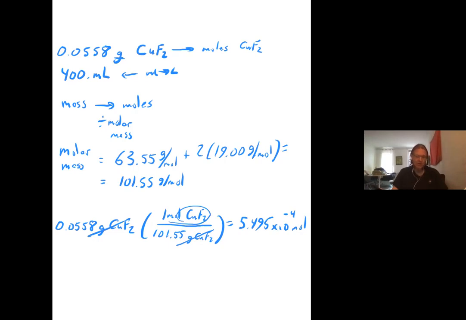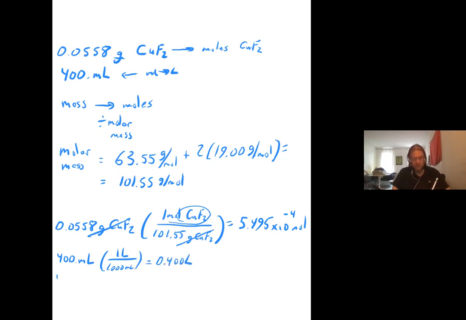Now, what about our volume? Same thing, 400 milliliters. A liter is 1,000 milliliters, so you're dividing by 1,000, and you get 0.400 liters.